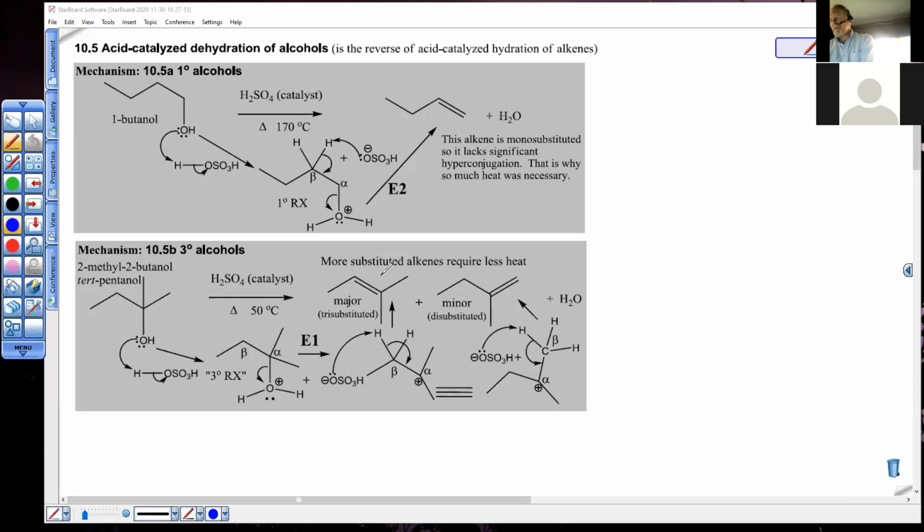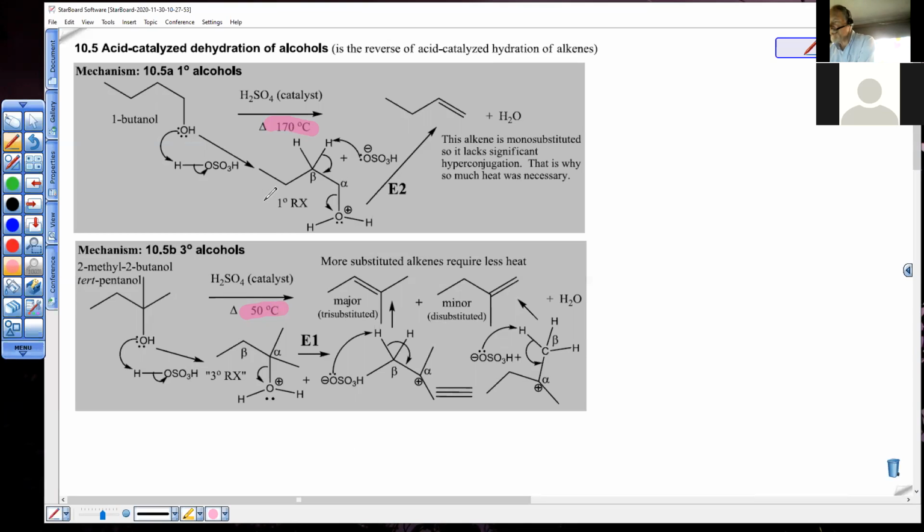Unimoleculars are generally faster than bimoleculars because you don't have to wait for molecules to meet. Here, the slow step is making the carbocation. Here, the slow step is the elimination step. And you need a whole ton of heat here. 170 degrees compared to 50. 50, that's a really hot day. That's it.